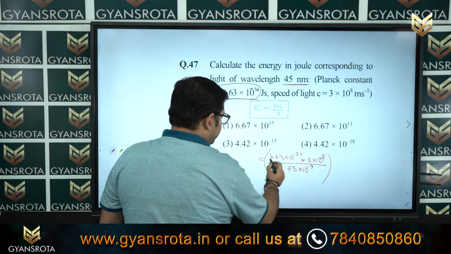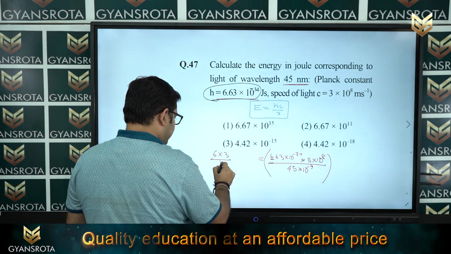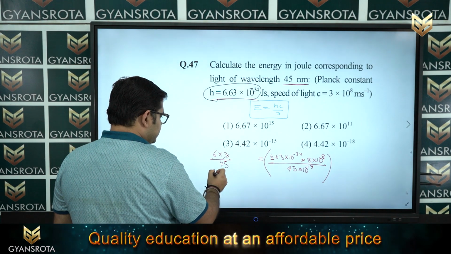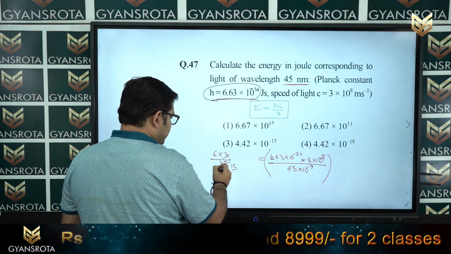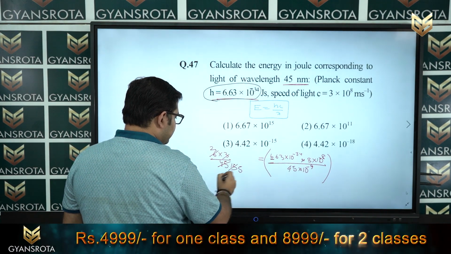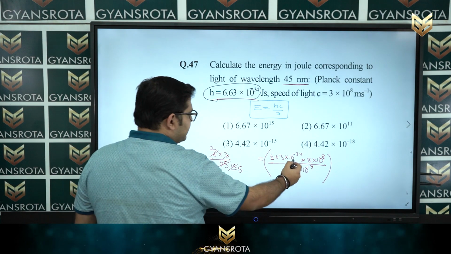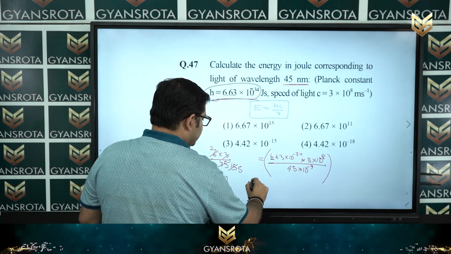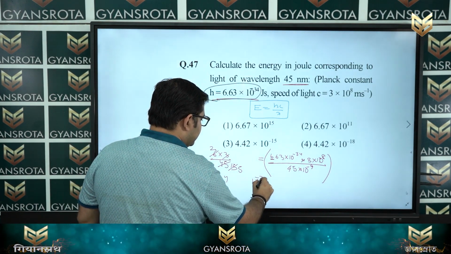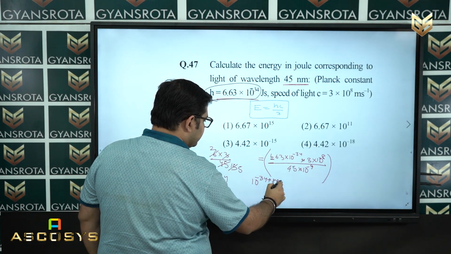Take a simplified form, like here I am writing 6 into 3 divided by 45. So it will be 15, here again it will cancel by 2 and 5, so it is coming around 0.4. Now if you see the powers of ten, 10 to the power minus 34, then plus 8 and plus 9.